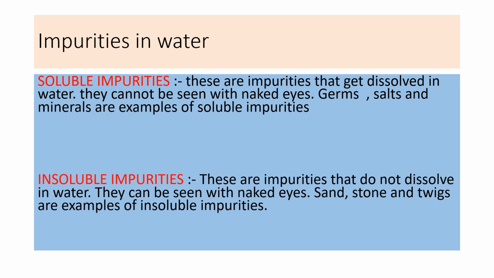Next is insoluble impurities. These are impurities that do not dissolve in water. They can be seen with naked eyes. Sand, stone and twigs are examples of insoluble impurities.